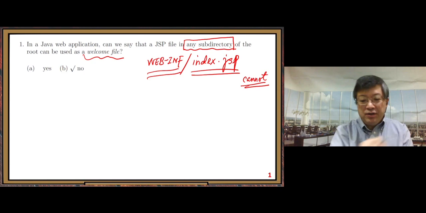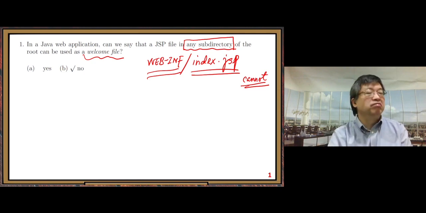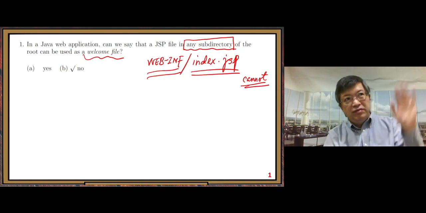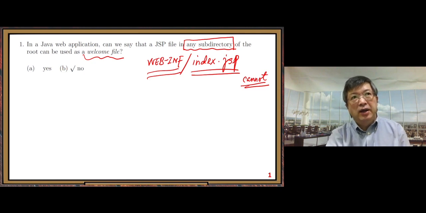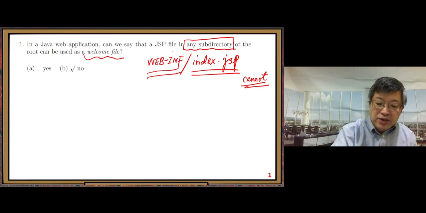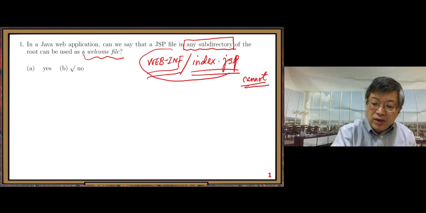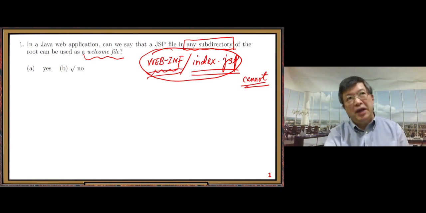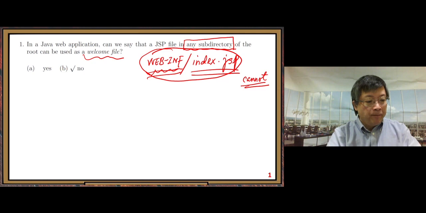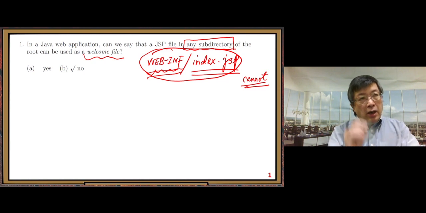So for that reason, it is not true. But the miss rate of this question is very high. I think those students didn't consider this special directory. That's the problem.